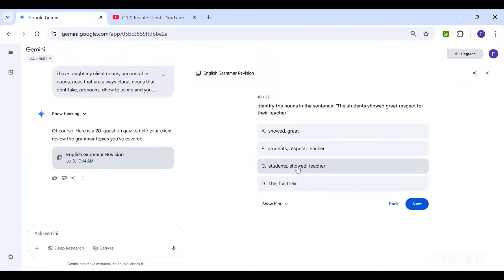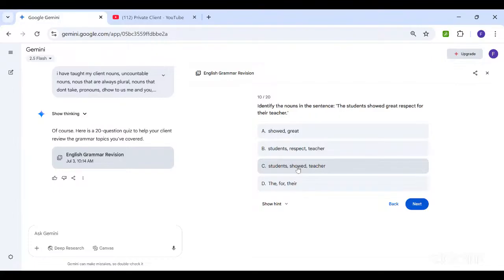That is the action. The name of what they showed is respect. A noun is a name word, the name of something. And the name of what the student showed is respect. Great is an adjective. Great respect. So student, respect, teacher.